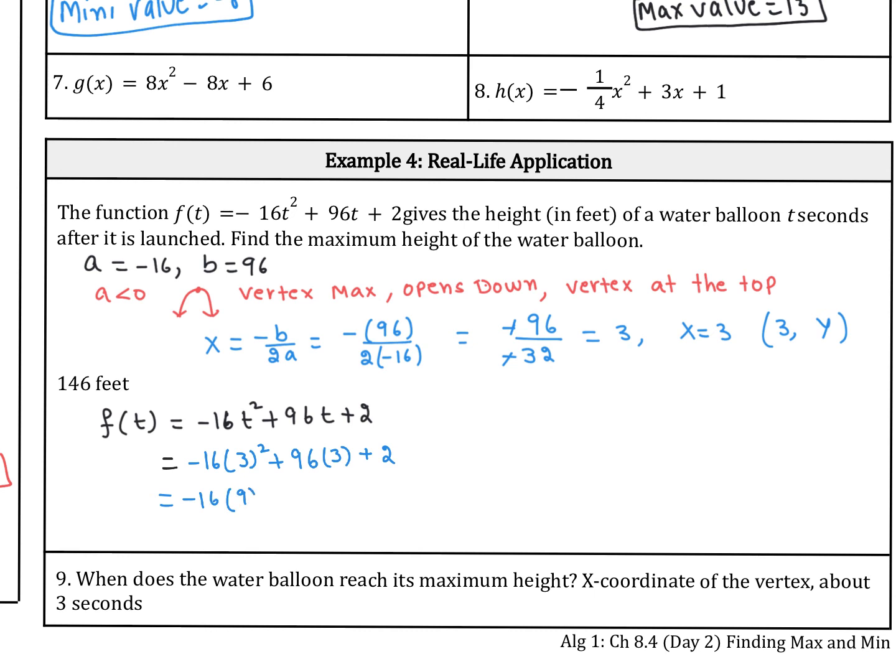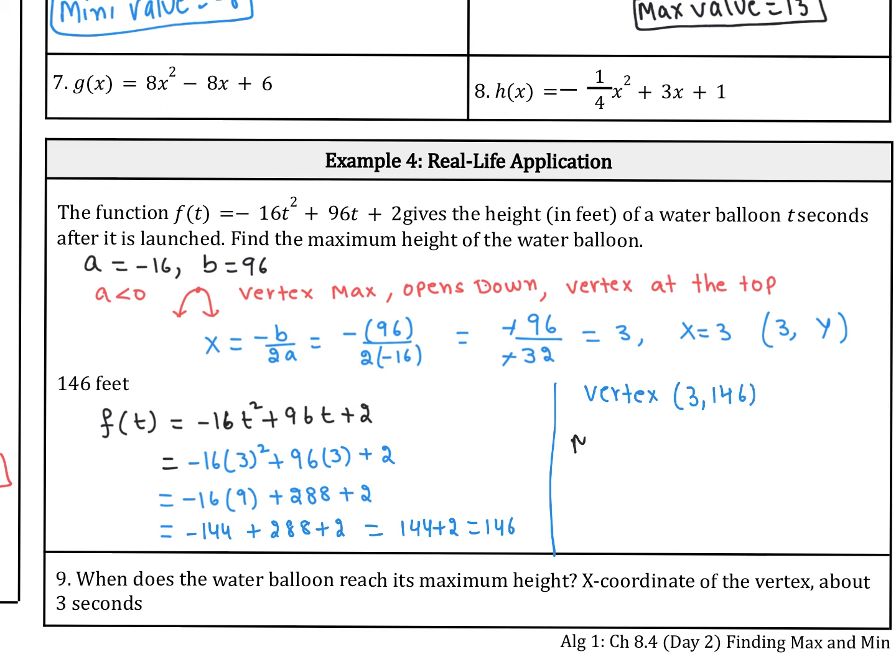Negative 16 times 9 plus 288 plus 2, and that's going to be negative 144 plus 288 plus 2, and that's going to be 144 plus 2, and that is 146. Now the vertex is going to be 3 comma 146, and the maximum value, which is only the y value, is going to be 146. So the maximum value is 146 feet.